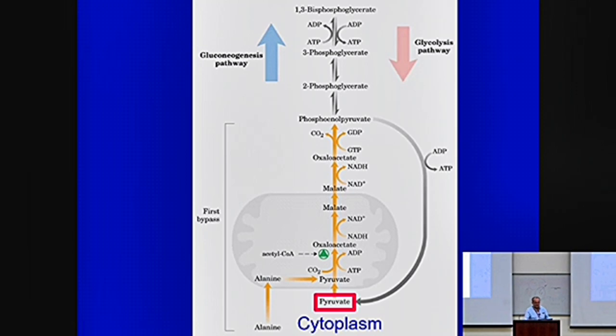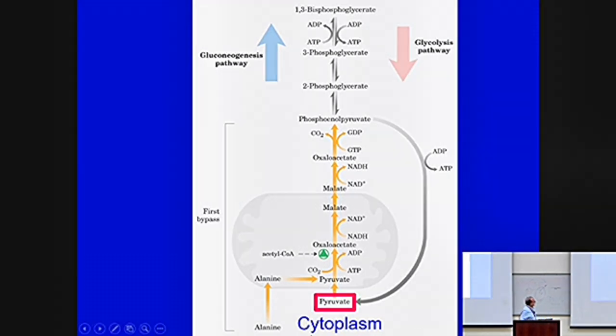So first of all, I want you to appreciate this important thing here. Pyruvate, if it's produced from glycolysis, let's say, where is it? In the cytoplasm.